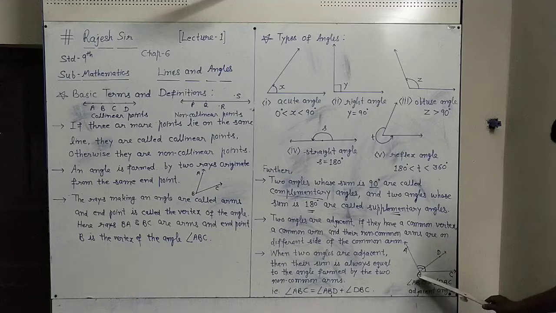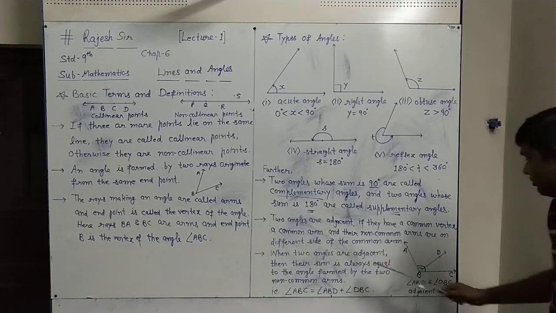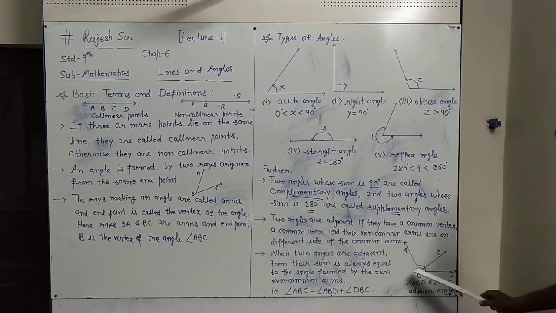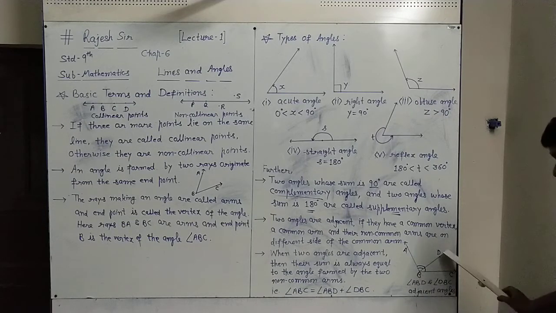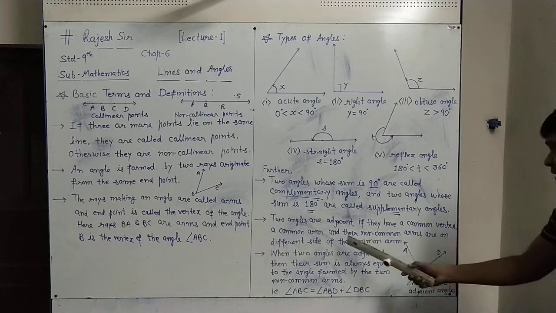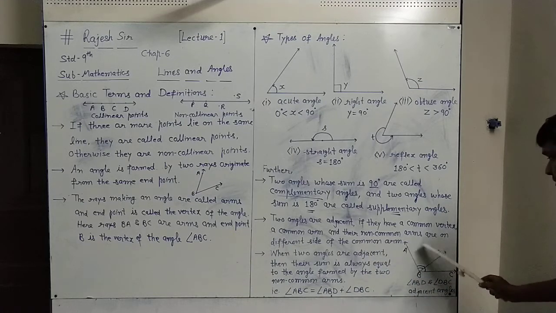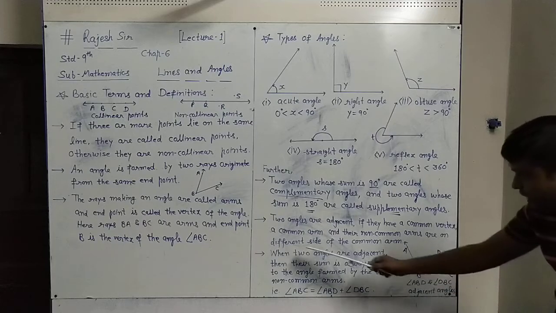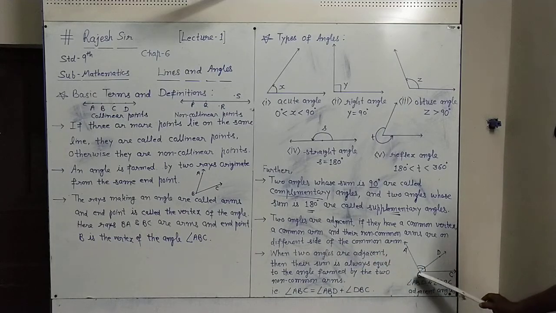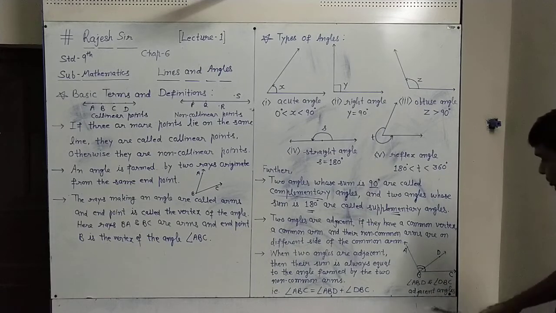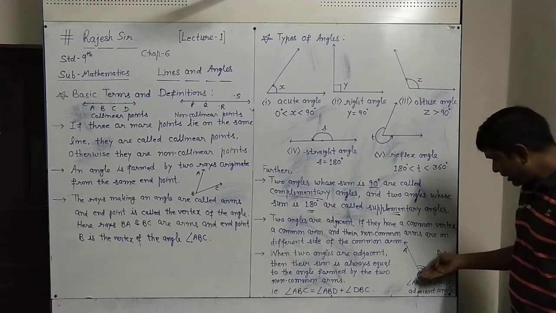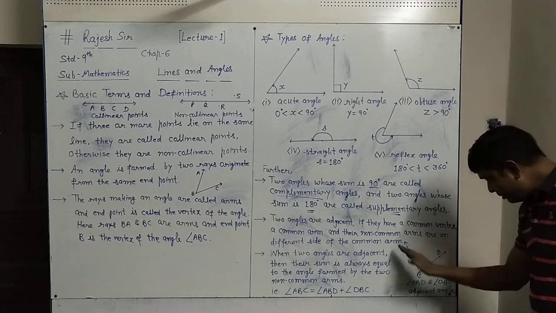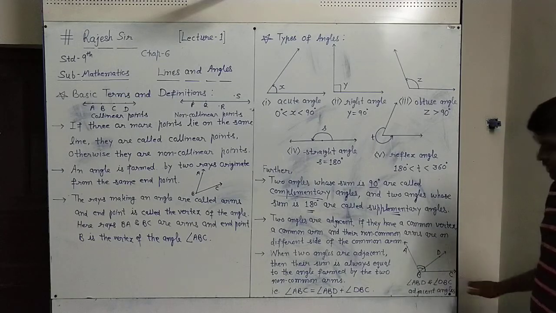So it has a common vertex, and it must have a common arm. Both the angles ABD and DBC have the common arm BD. Next condition: the non-common arms, BA and BC, are on different sides of the common arm. The common arm is BD; on one side BA is there, on the other side BC is there.